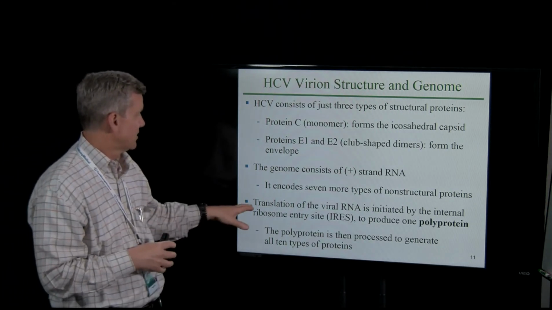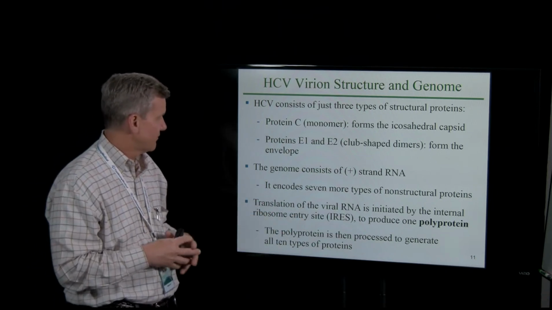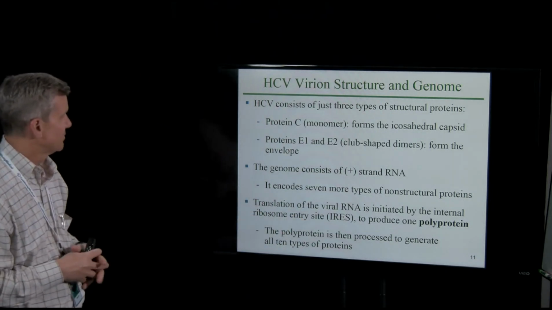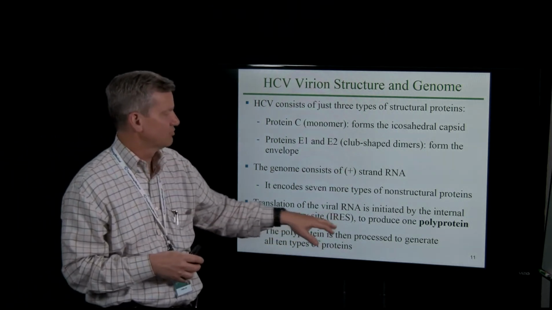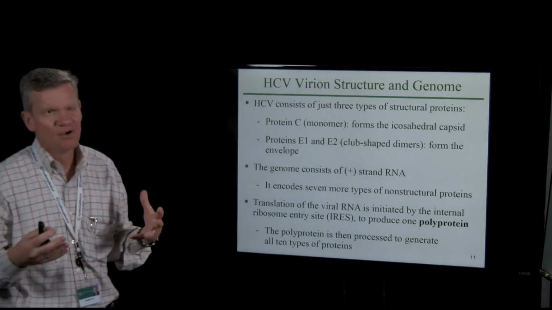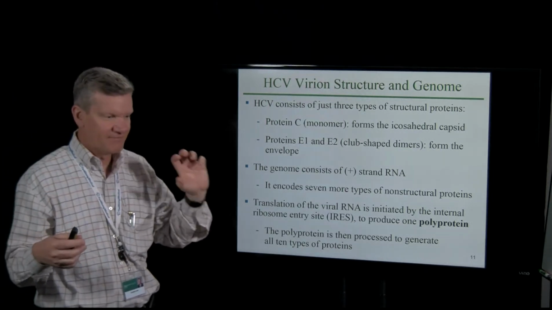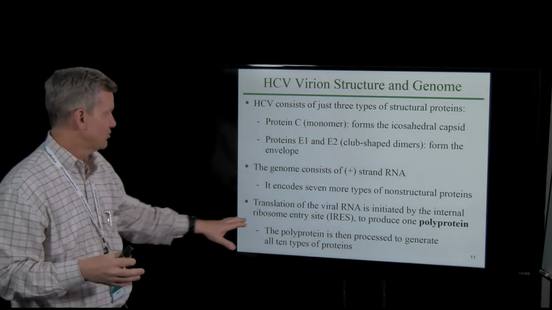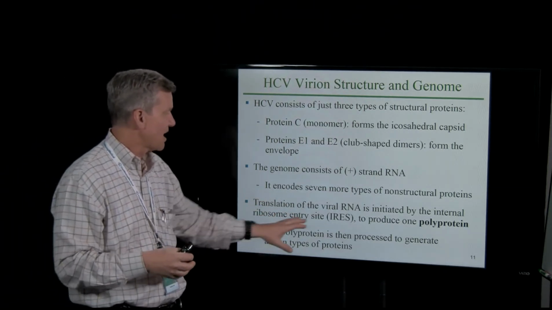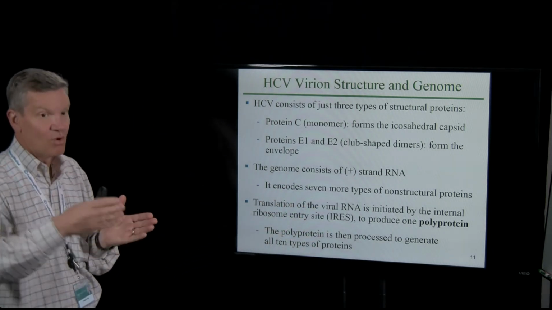Once the virus gets inside the cell, viral RNA is translated by something called an IRES, or an internal ribosomal entry site. So it doesn't replicate really like a normal RNA. It doesn't have a 5' cap. It doesn't have a poly A tail. So it uses this IRES to attract a ribosome, and it makes 1 polyprotein.